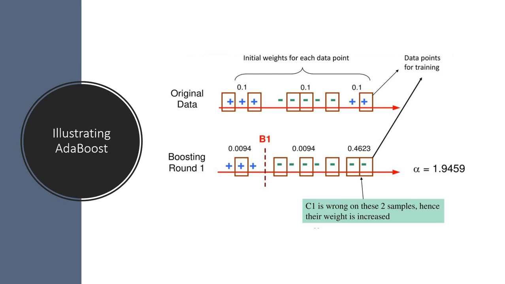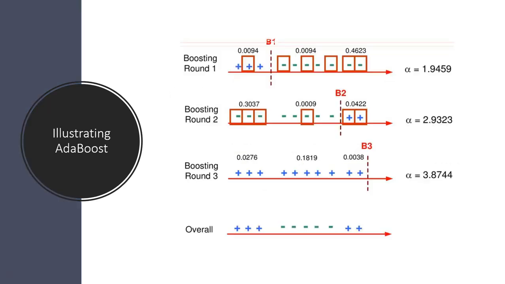So here we see classifier 1 was wrong on these two samples, so their weight ended up getting boosted up, and it ended up being increased. And so we can look at boosting from round 1 to round 2 to round 3 to see how overall we magnified our errors so that we can correctly classify them later.